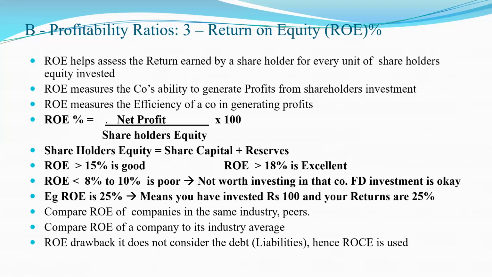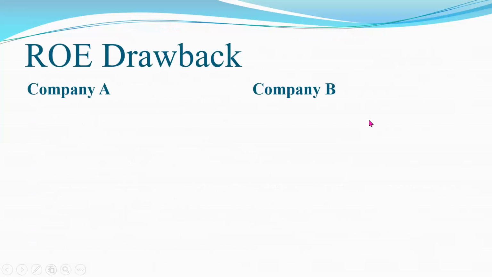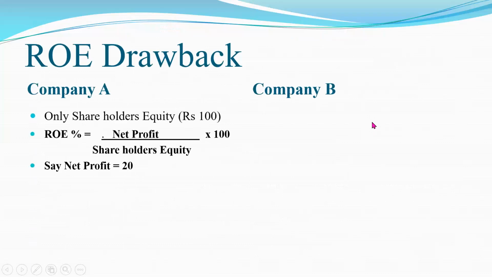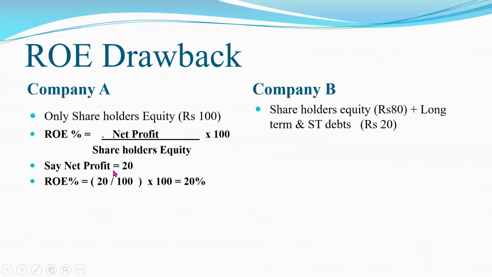Okay, if a company is having debts, if the company is taking loans, having long-term liabilities basically, then look for the ROCE figure and not the ROE figure. I'm giving you the example here. Here is my company A, net profit 20, shareholders equity 100.